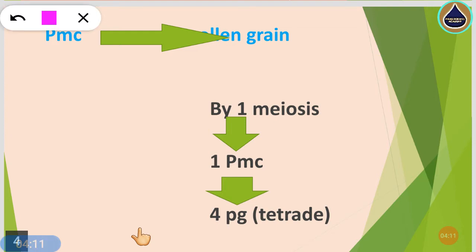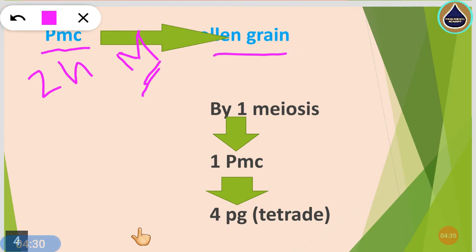This pollen mother cell PMC, which is 2n in number and has the double number of chromosomes, goes for the meiotic type of cell division, meaning meiosis cell division, and by meiosis this pollen mother cell converts into pollen grain. I hope you are understanding what a pollen grain is, and that male gametes are formed in the pollen grain.